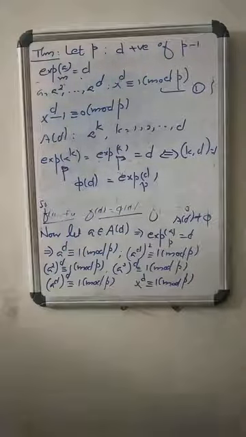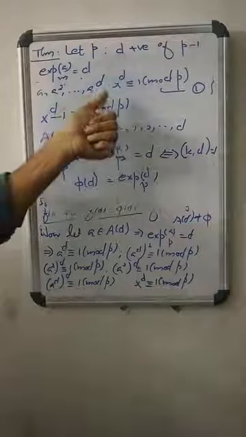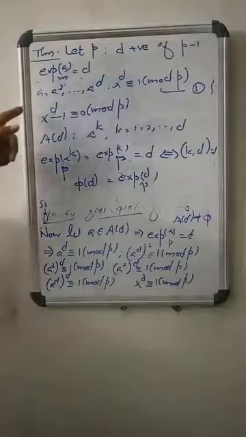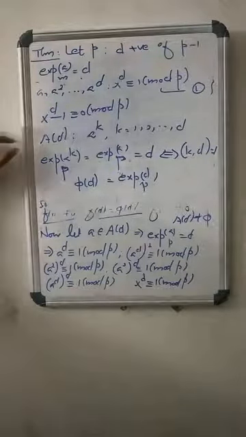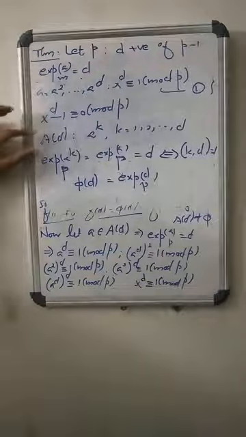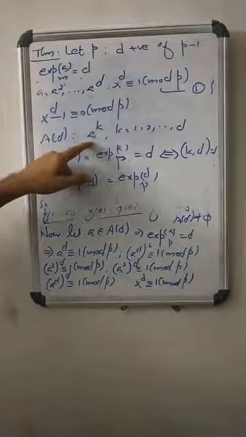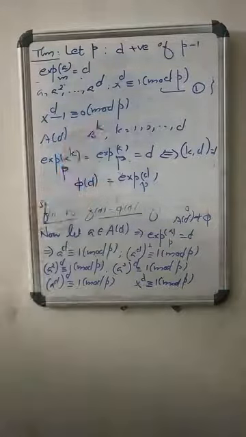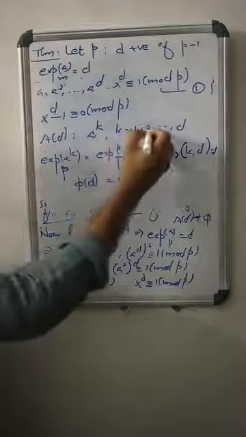So a, a², …, a^d are the solutions of this congruence relation. This proves that every element in A(d) is of the form a^k, where k equals 1 up to d.